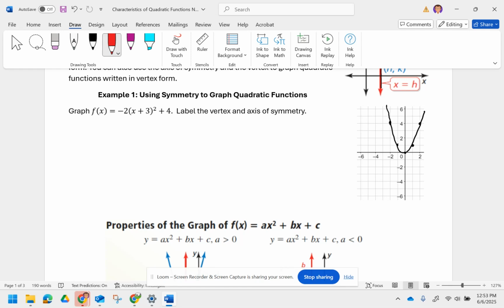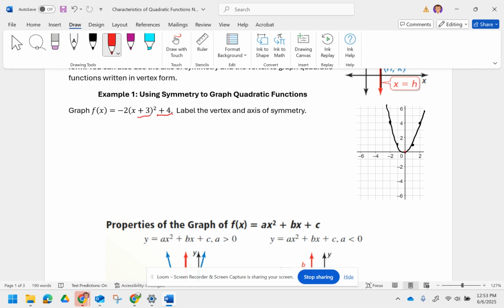Now what we can see is happening here with that plus 3, that's going to move it 3 to the left. This plus 4 would move it 4 up.